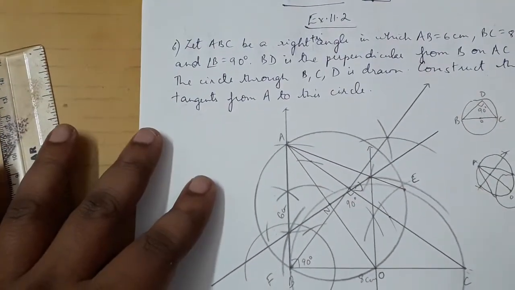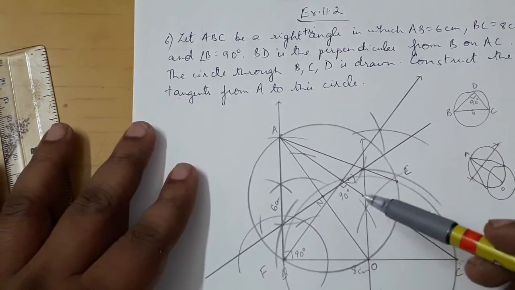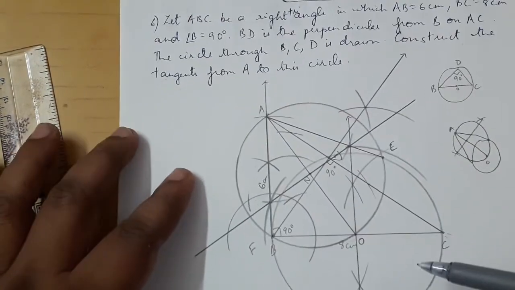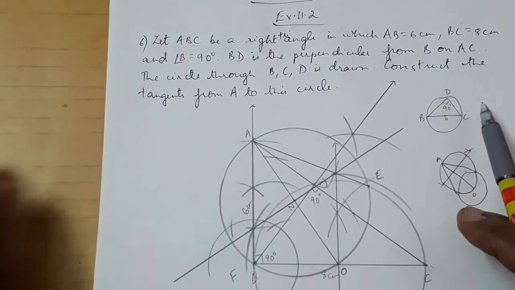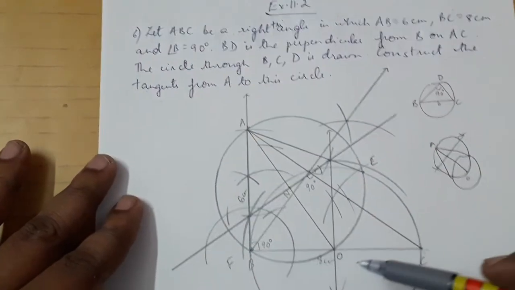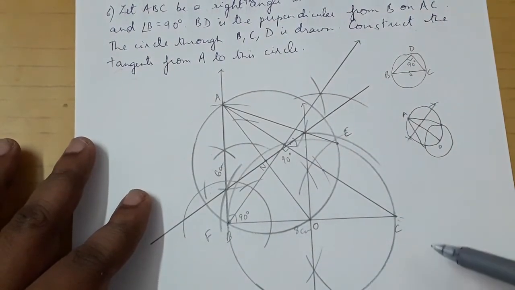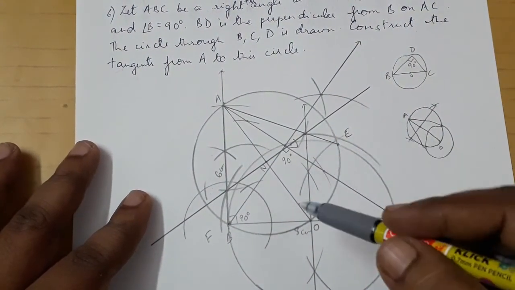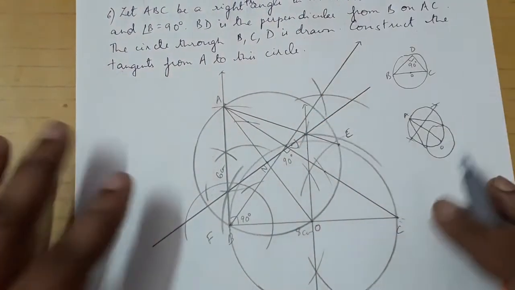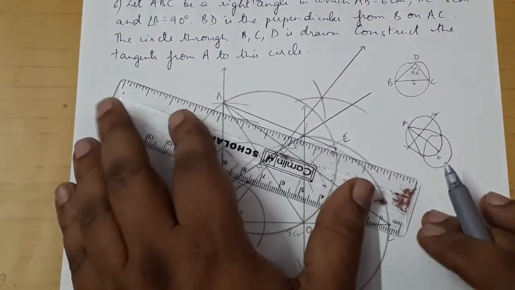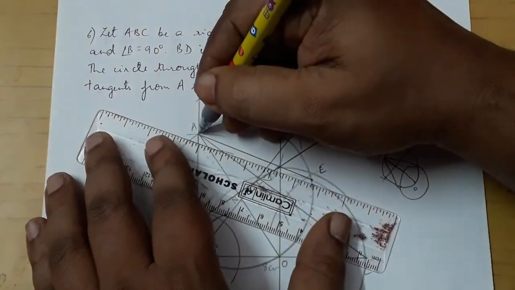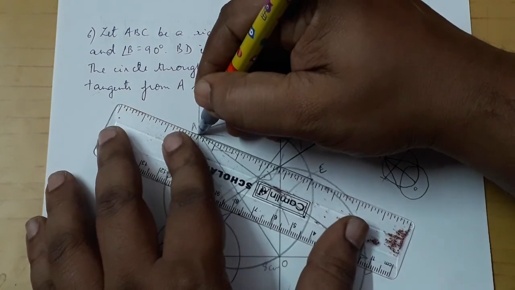It's easy to get confused. There's lots of construction in this particular problem, and it can easily get very confusing. But what we did was we just darkened this as well, so that you can clearly see where the two tangents are.